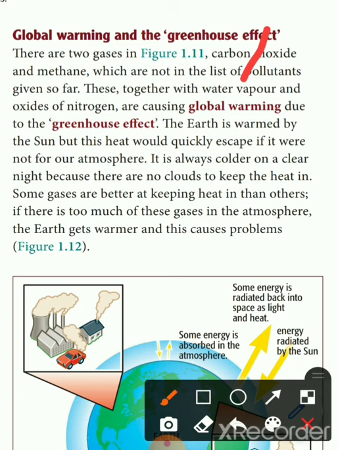Now global warming is caused by the greenhouse effect. Remember that global warming is something that causes elevation in Earth's temperature. Next is the greenhouse effect. This is when a green shield covers an area, and this phenomenon is used to promote heat energy. Mostly it is a green sheet placed right above the plants.